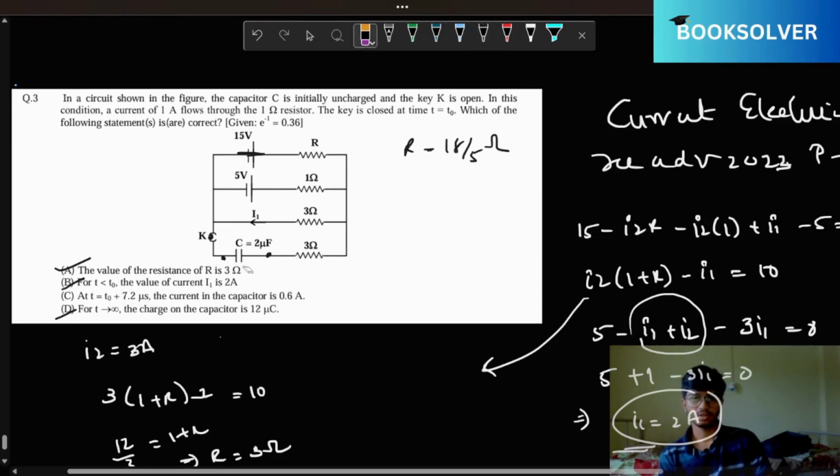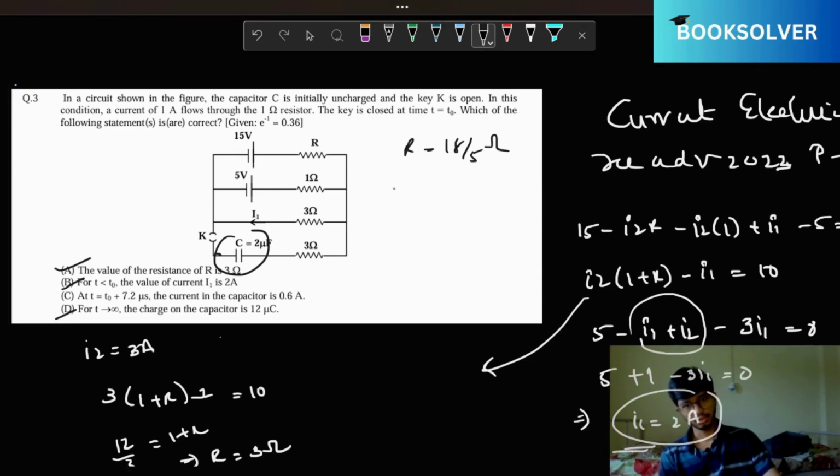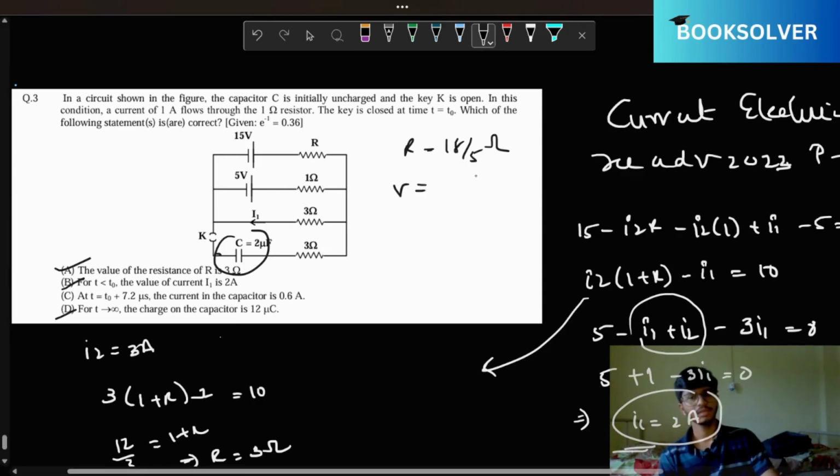Now we need to calculate the net voltage around this. Now we have opened this thing. This is open. This is the same thing. I1 will be the same. So we get our voltage to be equal to 6 ohms. Okay, right. So I naught is equal to V by R. V is that. So we get 18 by 6. That's 3 by 5 amperes.